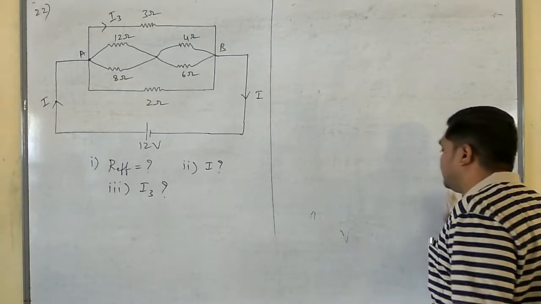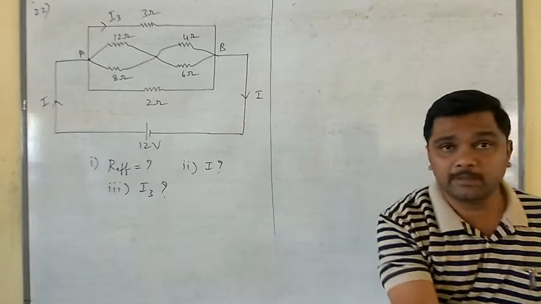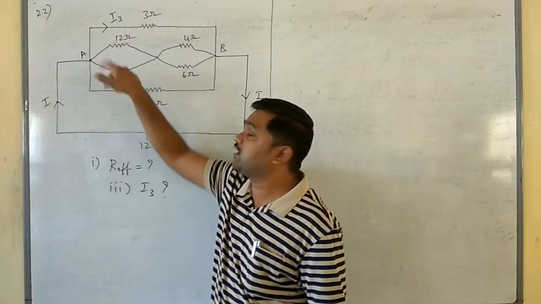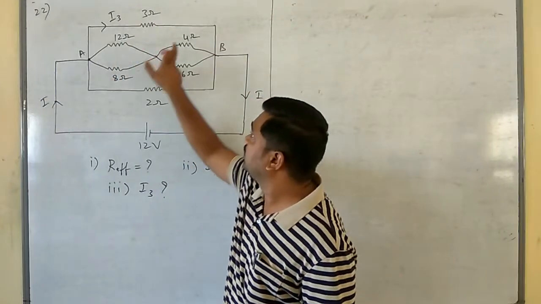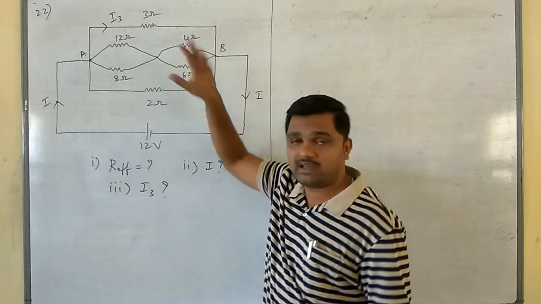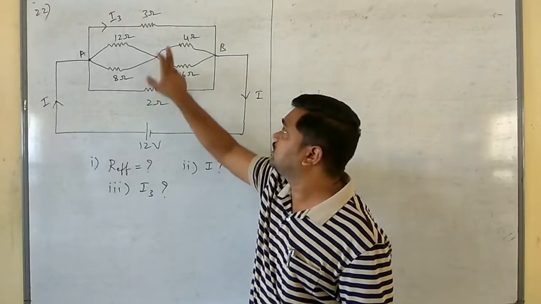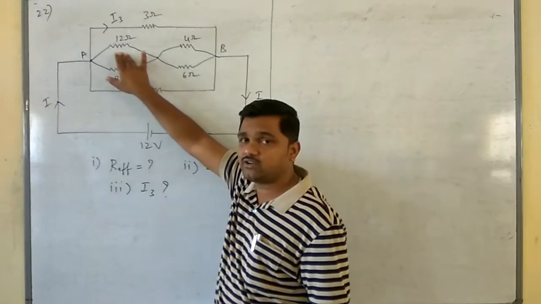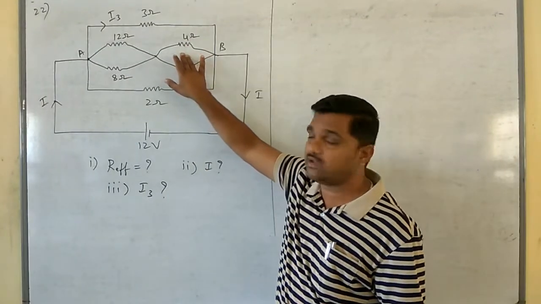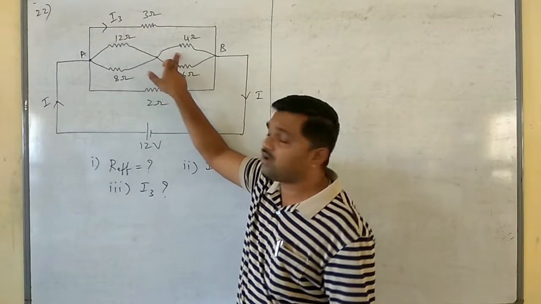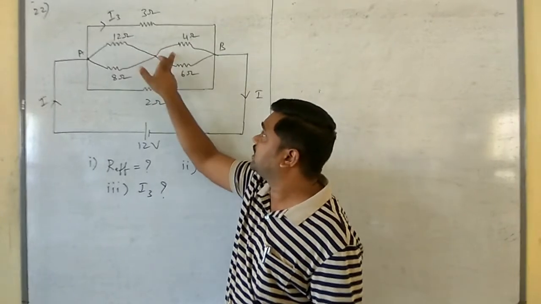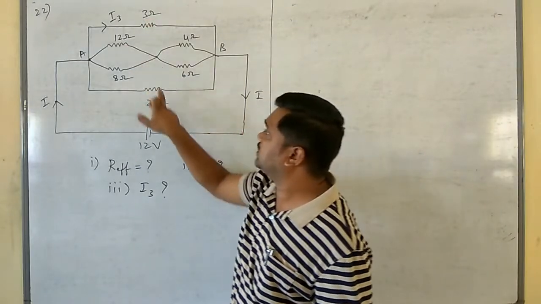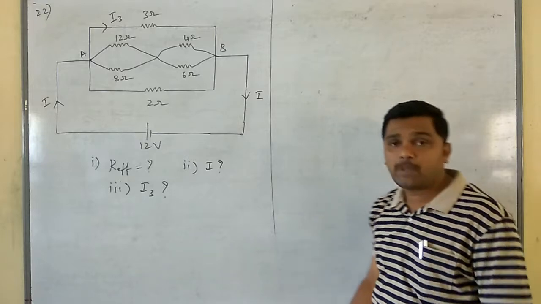Finding the R effective is very simple. See, these two are in parallel. First you find the parallel combination, Rp value. Next, these two are in parallel again, so find out the R effective. From these four, from this one resistor you will get, from these two one resistor you will get. So these two will be in series, so take the series combination, Rs is equal to R1 plus R2, and then you will get three resistors in parallel.